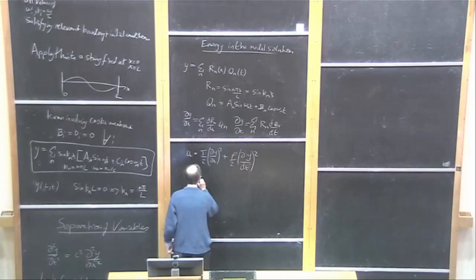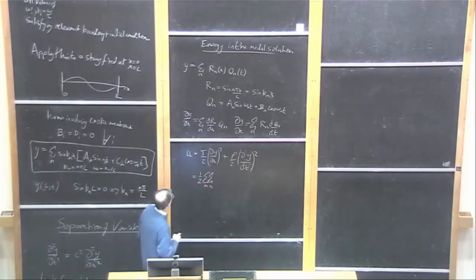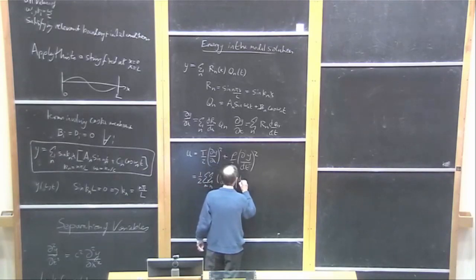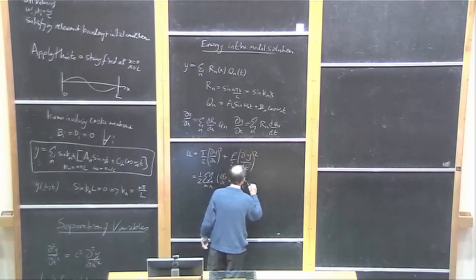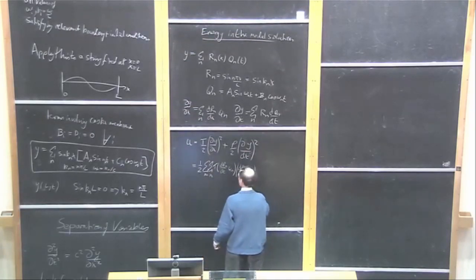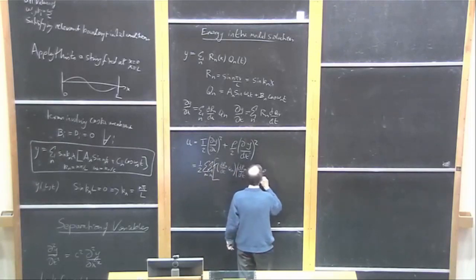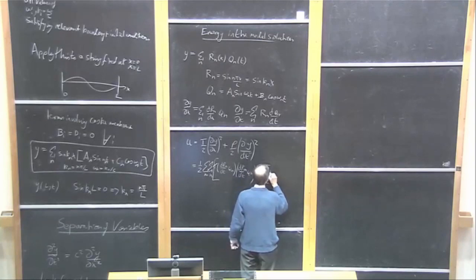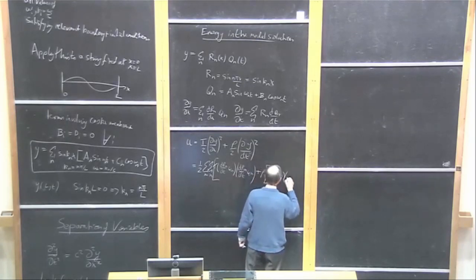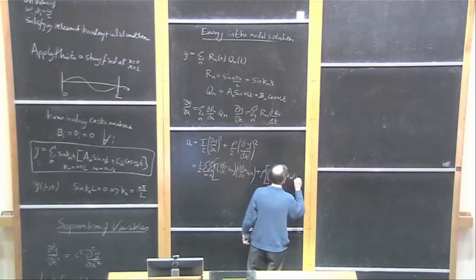So I'll factor out the half, and then I'll have a double summation over m and n of dR_n by dx Q_n dR_m by dx Q_m times the tension, in a large square bracket, plus the mass density times R_n dQ_n by dt R_m dQ_m by dt.